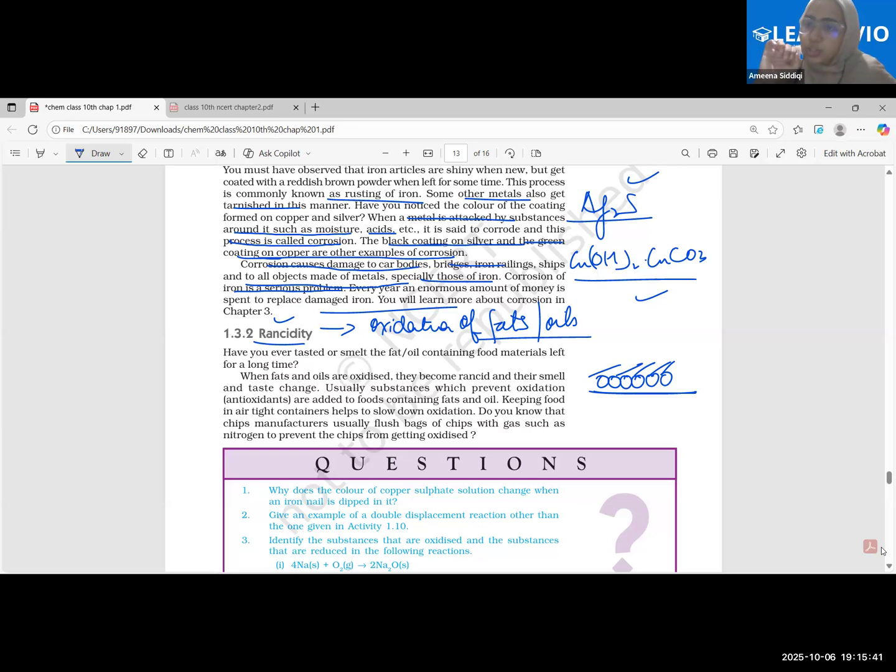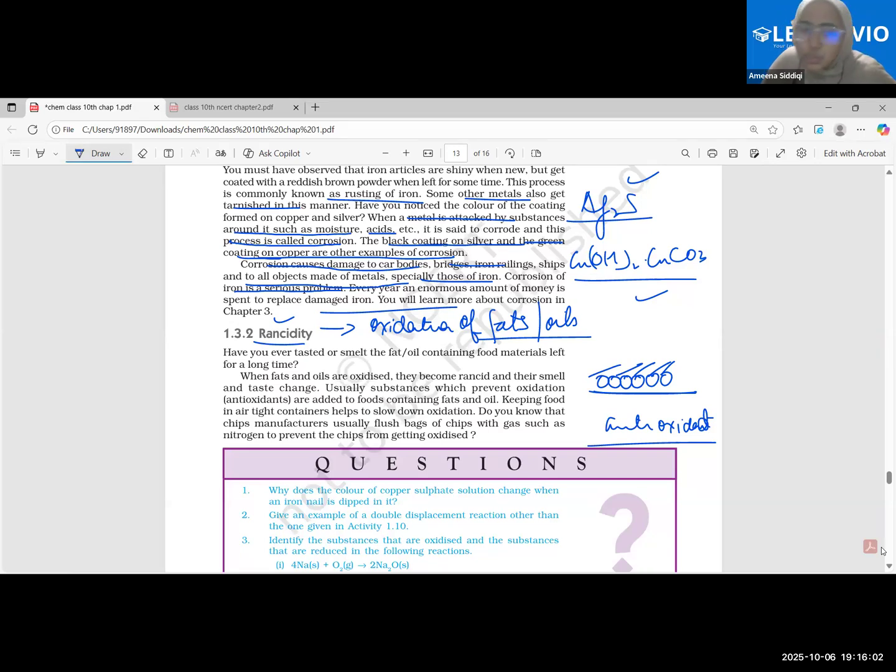It will undergo oxidation, and that is the problem. So how can we solve this problem? How can we protect this? The best thing is that we should use something which is antioxidant. What is antioxidant? Compounds which prevent oxidation.